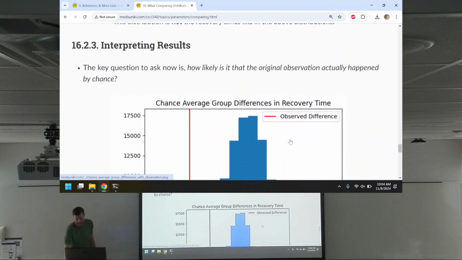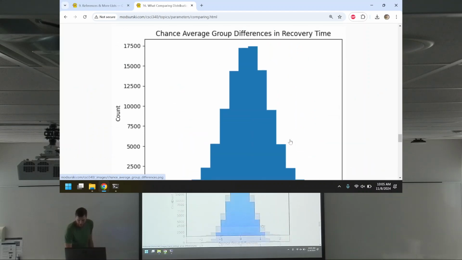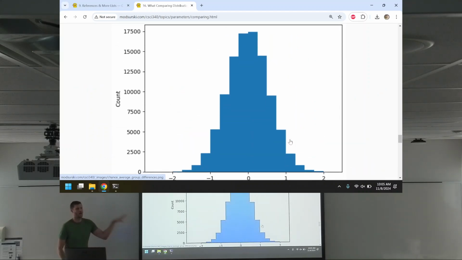The key question to ask is, how likely is it that my original observation... this is where we hit pause on our null hypothesis and say, okay, this is a distribution of 1,000,000 dumb luck chance differences in the two groups.